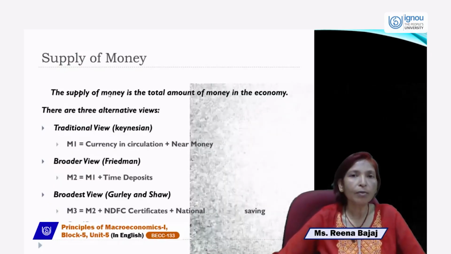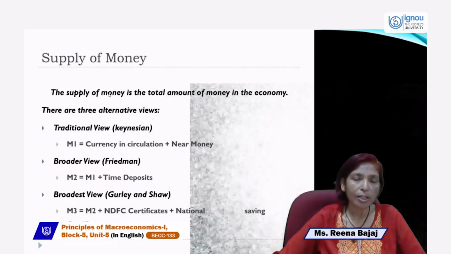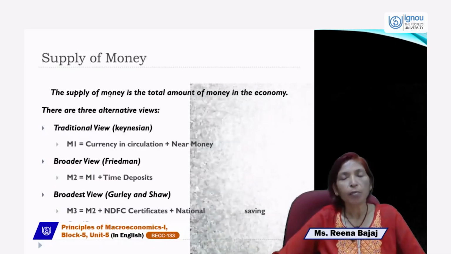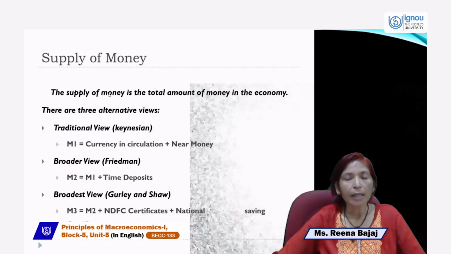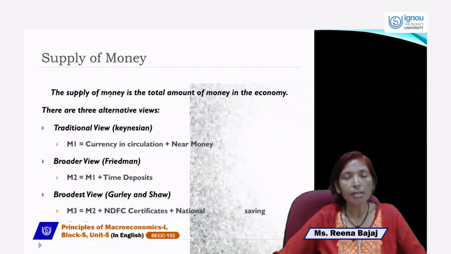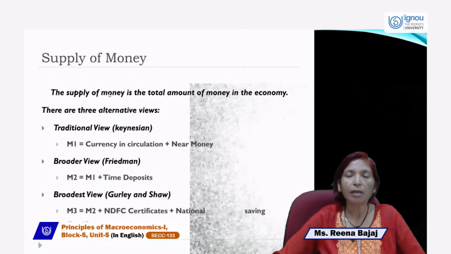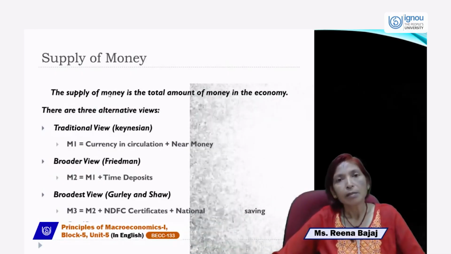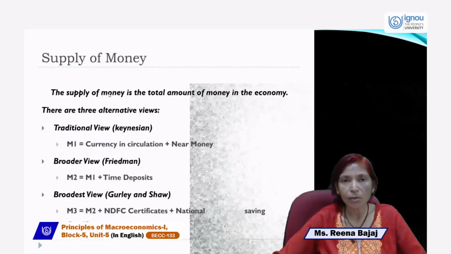The broader view presented by Friedman gives a broader definition of money supply, and the broadest view given by Gurley and Shaw is M4 at present. This measure is known as M4, in which M3 is included, plus post office deposited amounts are also included.